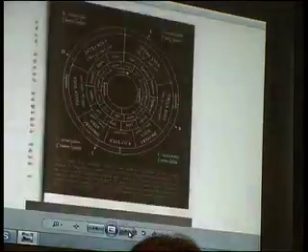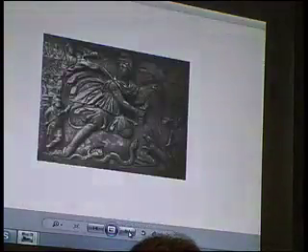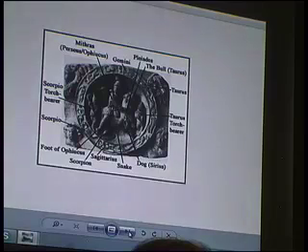Let me see if there's anything else of interest in this particular collection. There's Mithra. Mithra is the old sun god that Jesus Christ stole his birthday from.